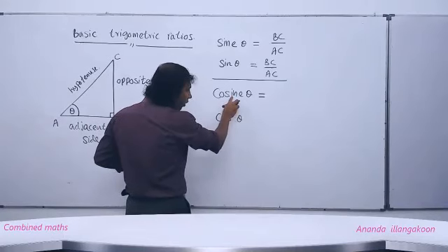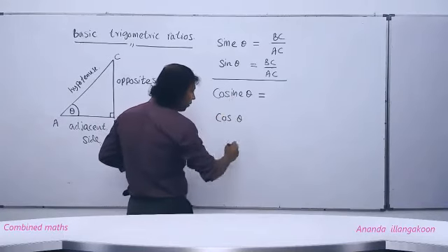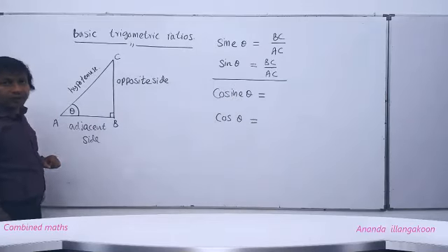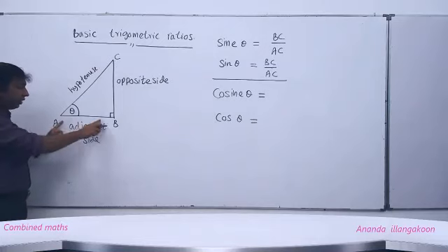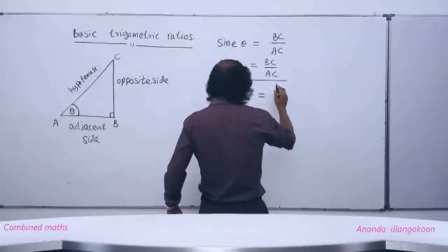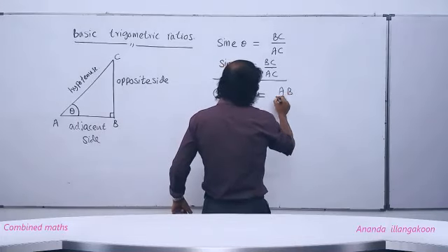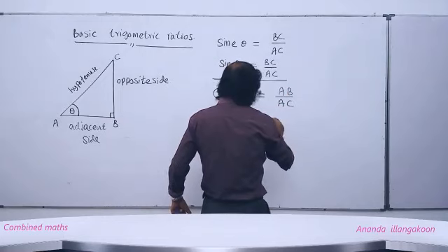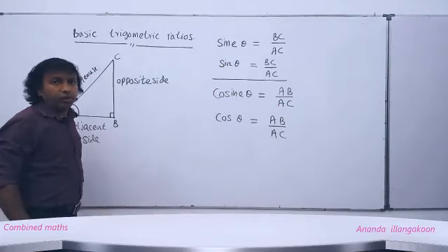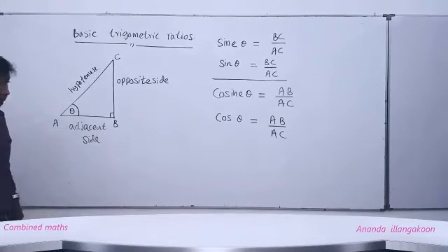We drop this INE part, cos theta. This cos theta we define as the adjacent side AB divided by the hypotenuse, right? Adjacent side AB divided by this hypotenuse AC. This is how we define the cosine theta or cos theta of the angle theta, right?